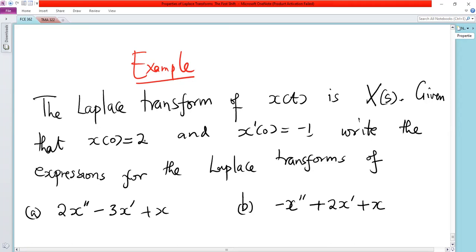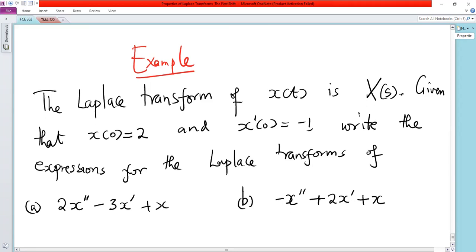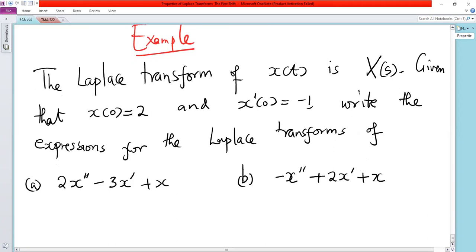So what you're going to do is find the Laplace transform of these derivatives and then substitute into the expression and see the result.